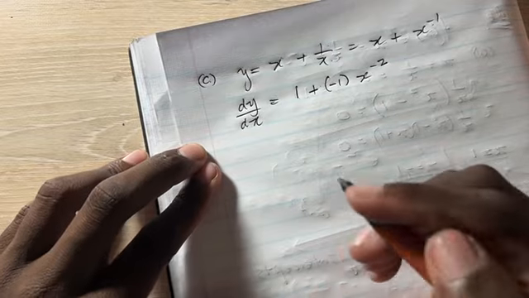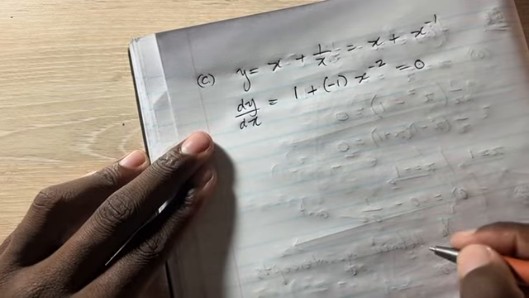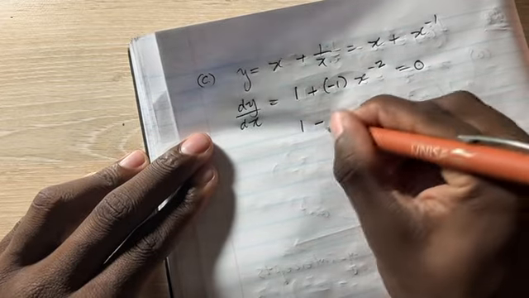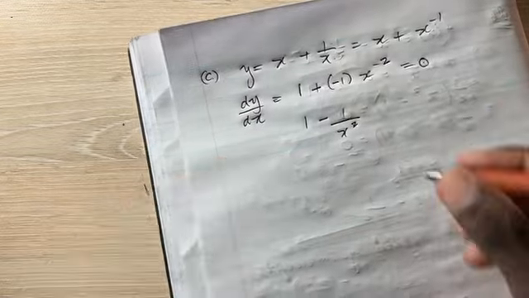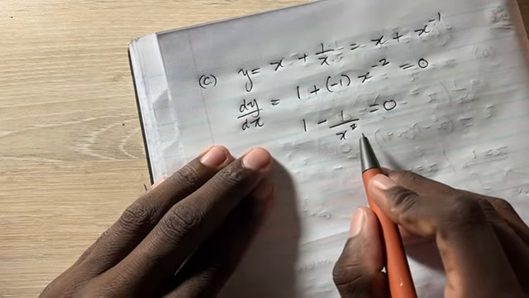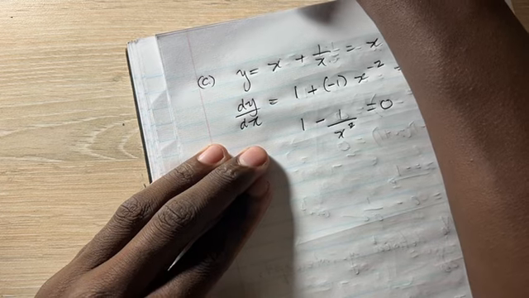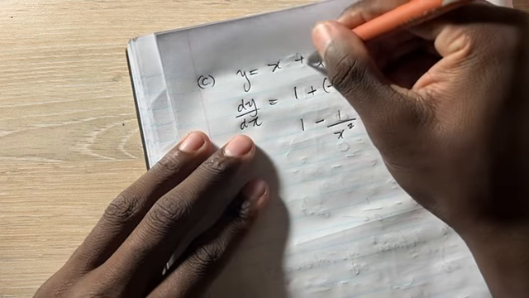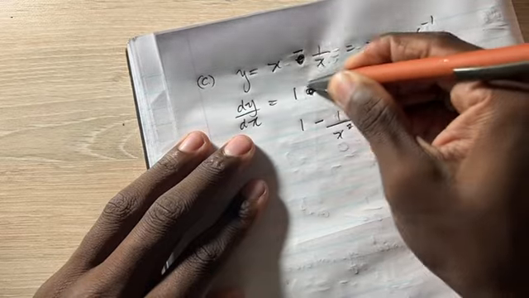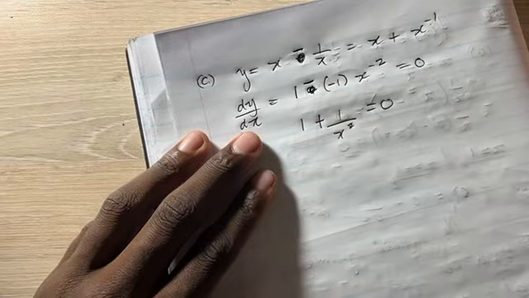And since we're trying to find turning points, you have to equate the derivative to 0. So basically you have 1 minus 1 over x squared equals 0. Oh, on the original question this was a negative, so this is a negative and this is a positive, because negative times negative.